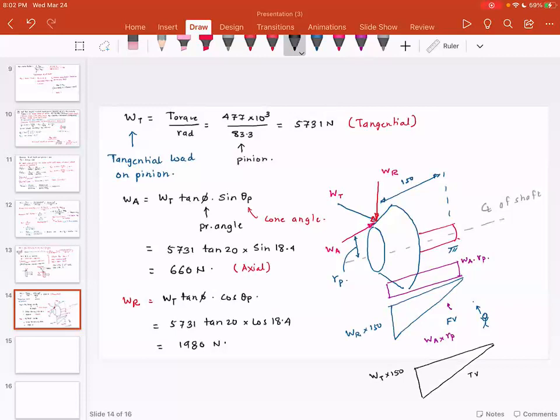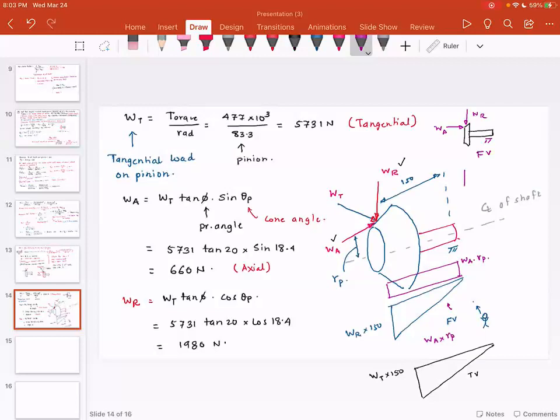So in the front view, this force and this force is going to give you bending moment. Let me draw another figure that will make it clear. So you have WR and WA. These two forces give you bending moment in the front view.